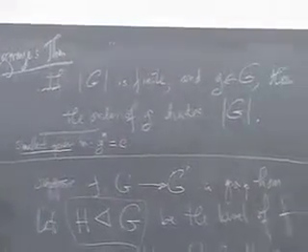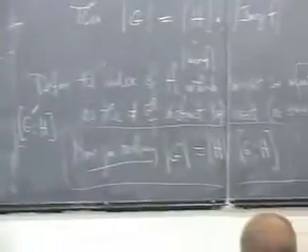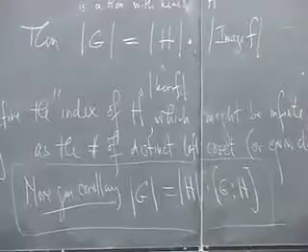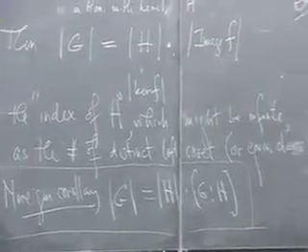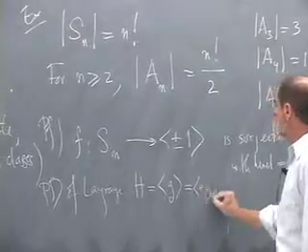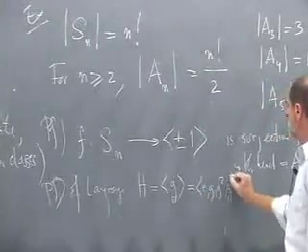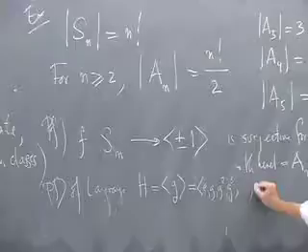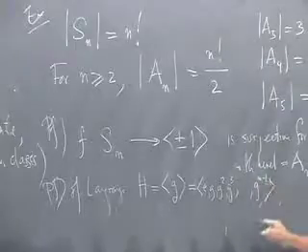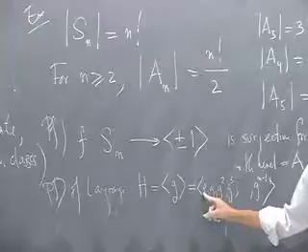And you let, proof of Lagrange, you let H be the subgroup generated by g, which contains the elements e, g, g squared, g cubed, all the way up to g to the m minus 1. And once you get to g to the m, you go back to e again.